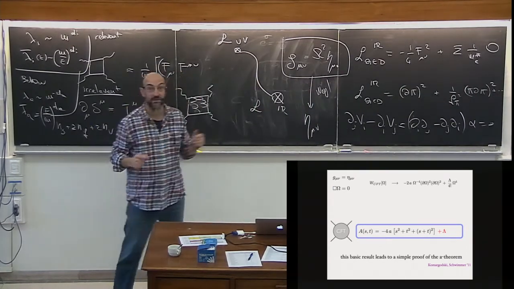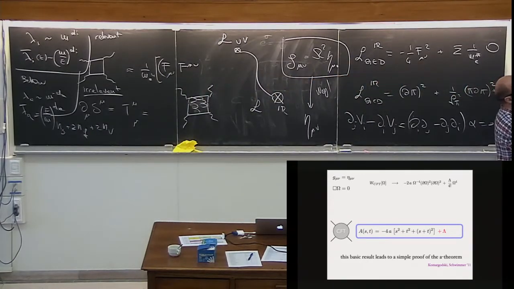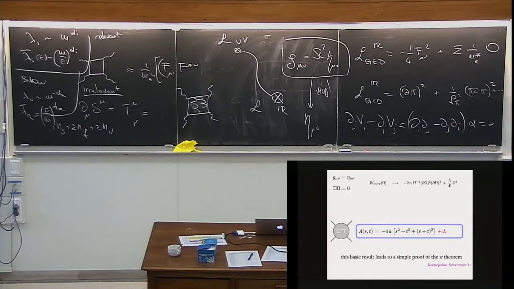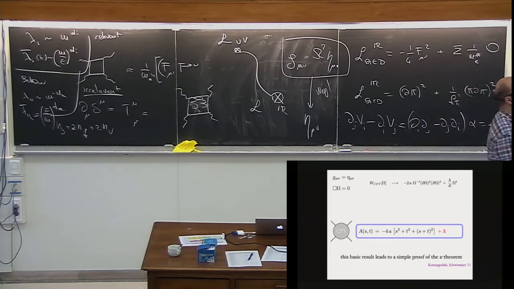Remember here I'm looking at the properties of the UV or the IR theory. The effective action for the dilaton is dominated by A, by the anomaly, plus this boring cosmological constant term that you will see beautifully disappears in a moment.